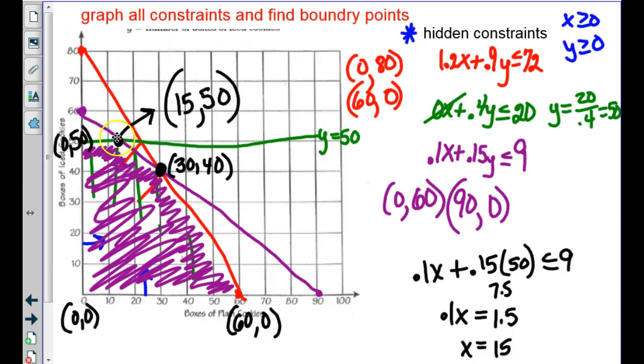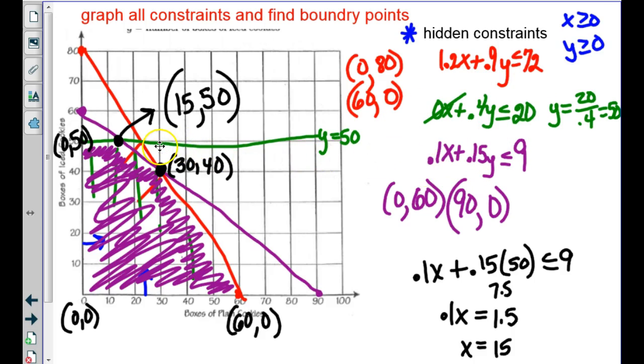But to find these other two intersection points, okay, you can use your calculator and graph the lines and find the point of intersection. You could say, well, this is where the purple and green line intersect, so I'm going to type the purple and green equations in as a matrix and find their point of intersection, okay?